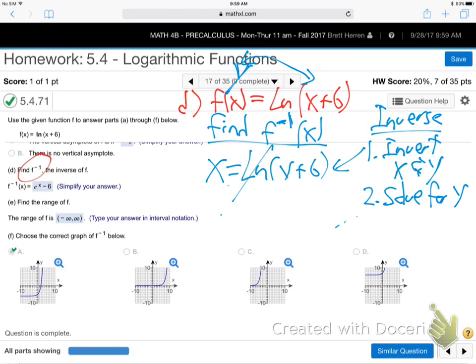Now, there's actually two understood invisible bases, as you probably know from algebra. If they write the normal log word, L-O-G, and don't show their base, that's 10, the common log. But they're writing ln. So if they write ln, what's the understood base? e, the special e, 2 point whatever.